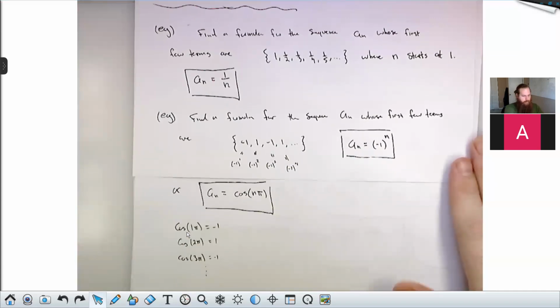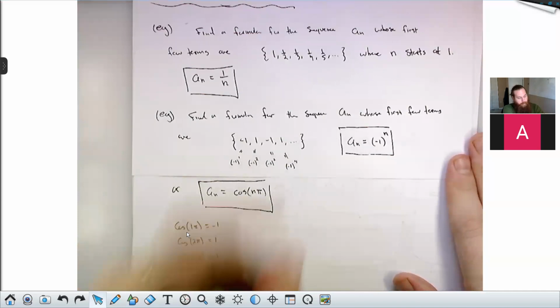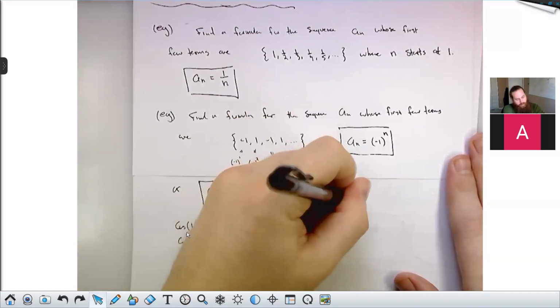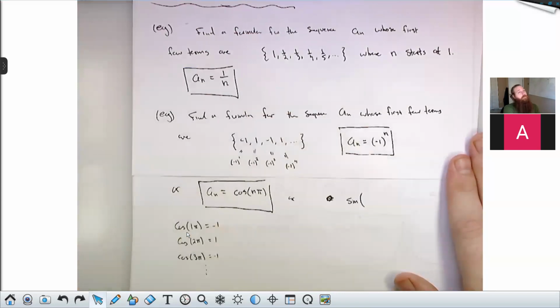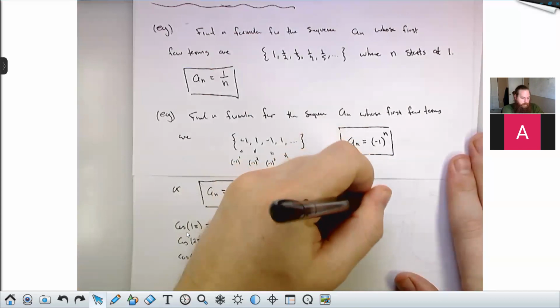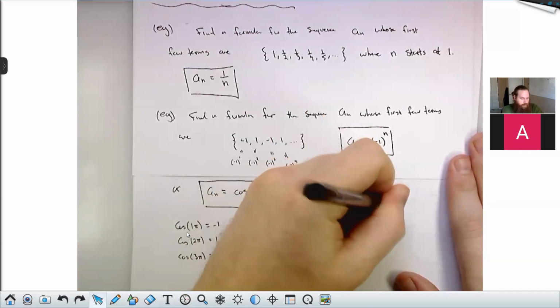All right, Nick. Another way to do this with the sine function, I gotta think about this for a minute. We need to land at the odd multiples of pi over 2. So that would be the sine of 2n plus 1 times pi over 2.